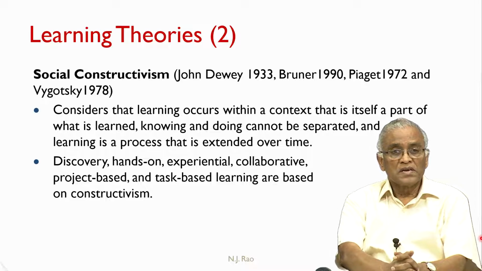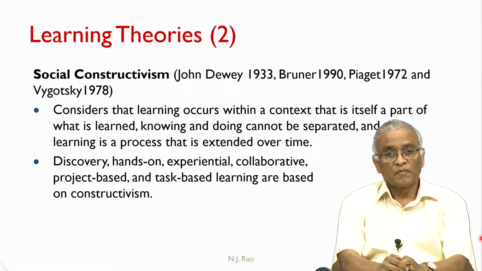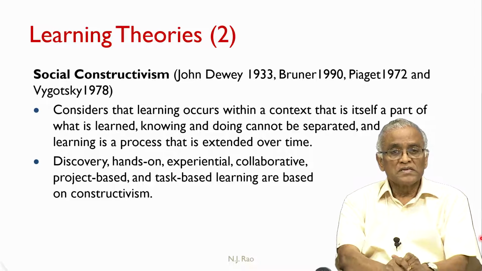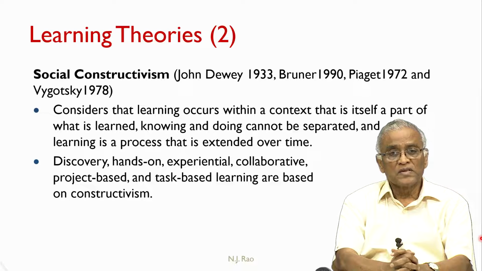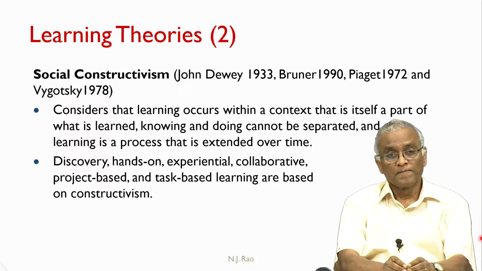Now, another theory is what we call social constructivism. There are several people who contributed to this. This theory considers that learning occurs within a context that is itself a part of what is learned. Knowing and doing cannot be separated, and learning is a process that is extended over time.